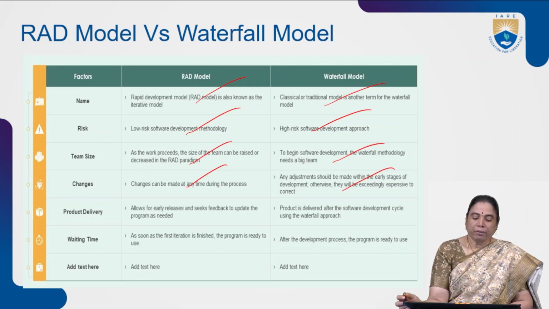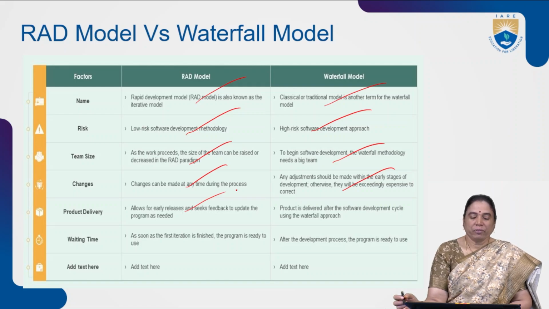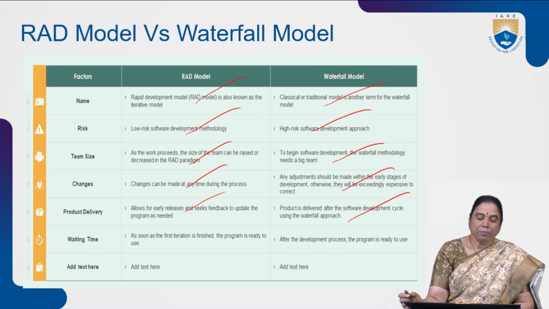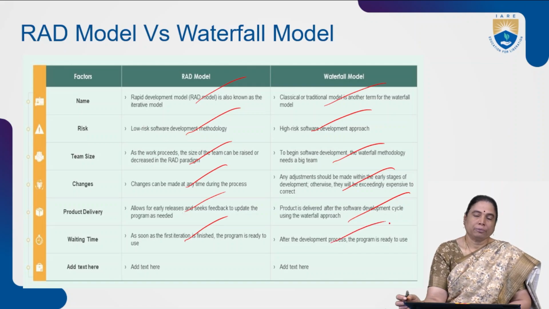Product delivery can be early and quick in RAD. Within a short span of time, generally 2 to 3 months, the project must be delivered. But it is a sequential approach in the waterfall model, which in some cases, for complex projects, requires years. The waiting time is very low in RAD, but in the waterfall model it is high.